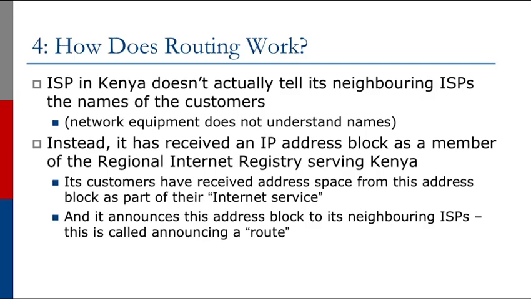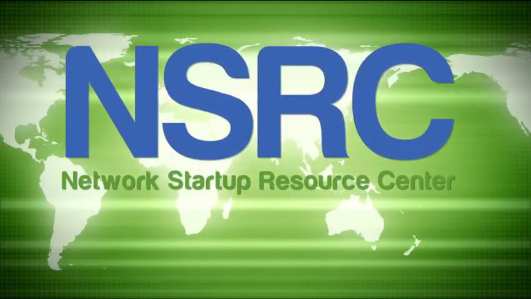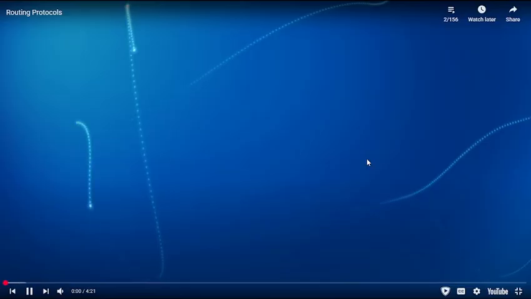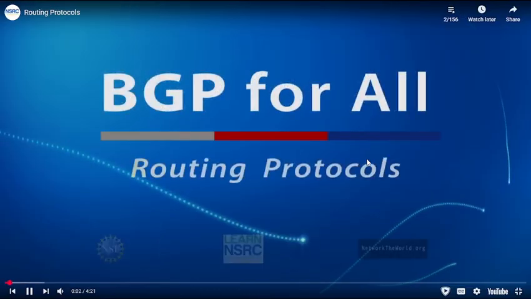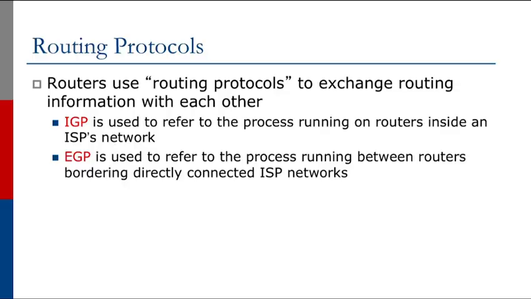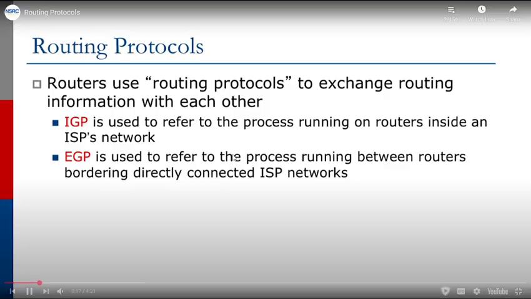This is called announcing a route. Routers use routing protocols to exchange routing information with each other. There are two types of routing protocols, namely Interior Gateway Protocol, known as IGP.